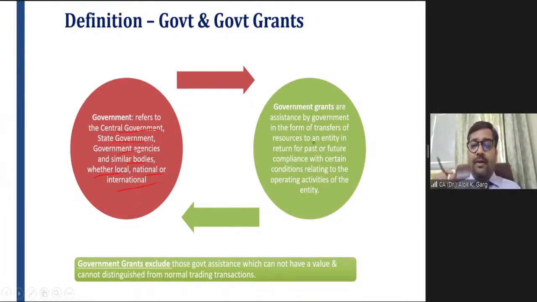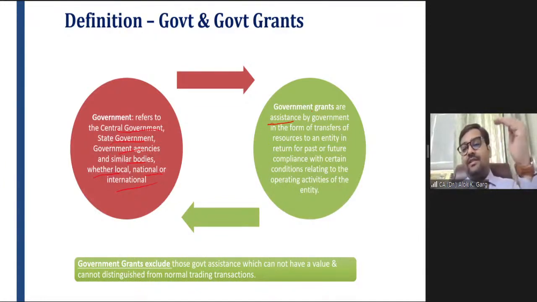So what is government grant and why is government providing a grant? Government is providing a grant in compliance of fulfillment of some conditions. So government grants are assistance by government in the form of transfer of resources. All the grants are assistance, and the assistance which can be measured in terms of money is known as a government grant, and the assistance which cannot be measured in terms of money is required to be disclosed.